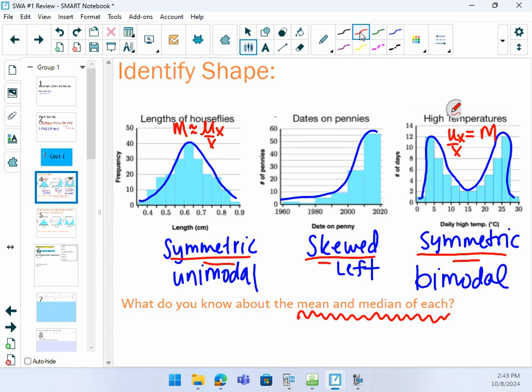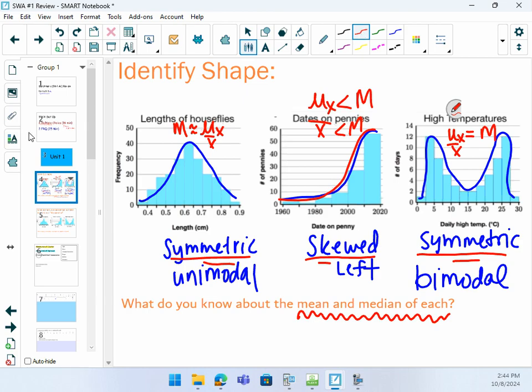But when you have skewed left data or skewed right data, the mean gets pulled towards the skew. And so in this case, the mean would be less than the median because it would get pulled to the left. All right, so hopefully that makes sense.